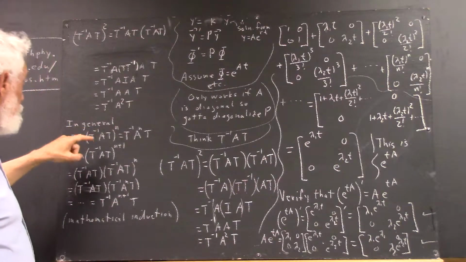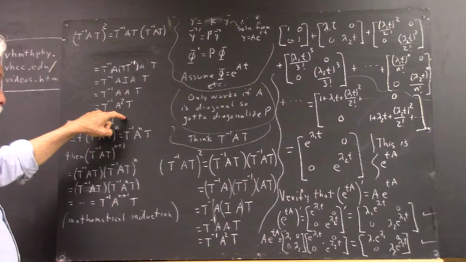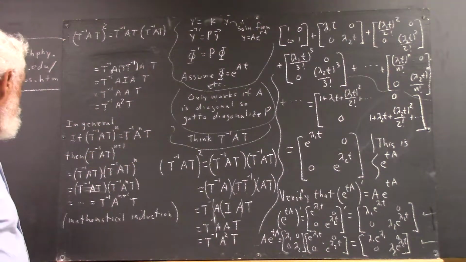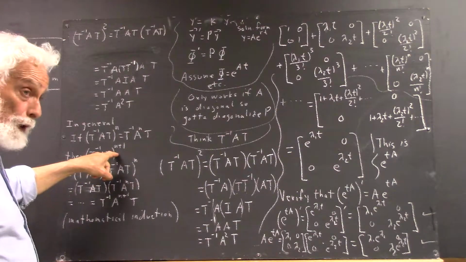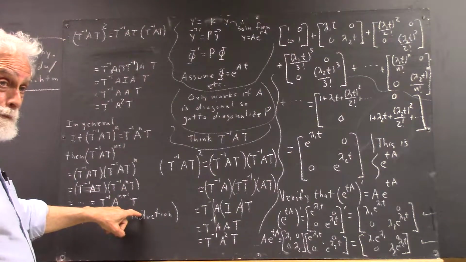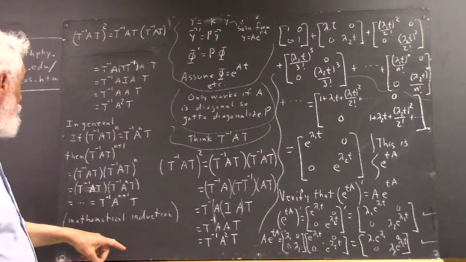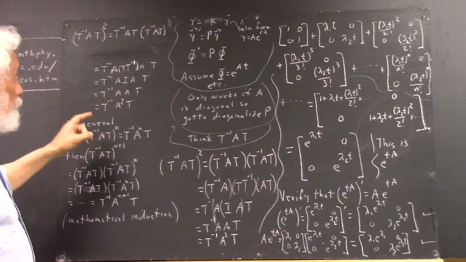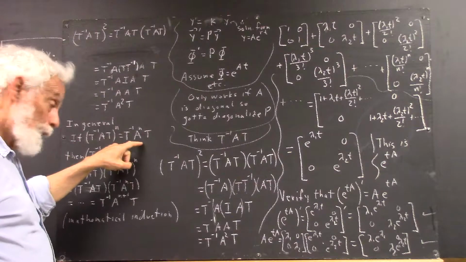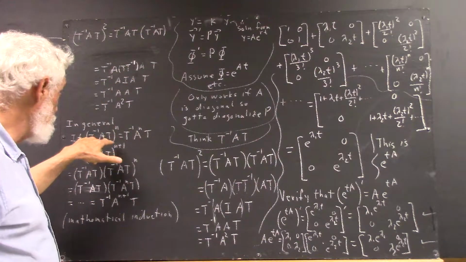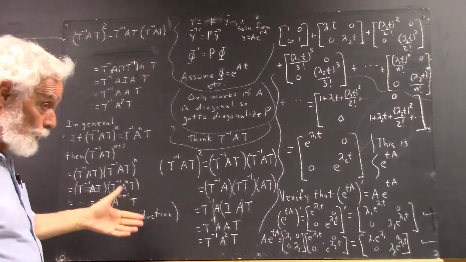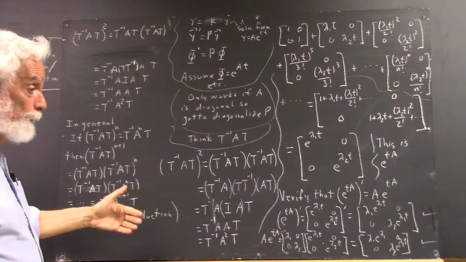We can say if T inverse AT raised to the n is T inverse A to the n T, then it follows that T inverse AT to the n plus 1 is equal to T inverse A to the n plus 1 T. In other words, if this sort of thing is true for the nth power of T inverse AT, then it's true for the n plus 1 power, showing that if it's true for one power, it's always true for the next.